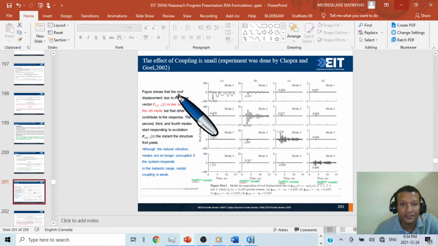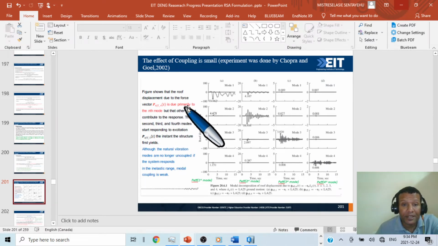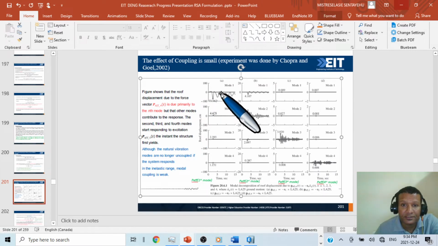The figure shows that the roof displacement due to the force vector P effective in the nth mode is due primarily to the nth mode only, because this is the first mode only. The first mode dominates here. This is the second mode, this is the third mode, and this is the fourth mode, but there is other mode contribution to the response.